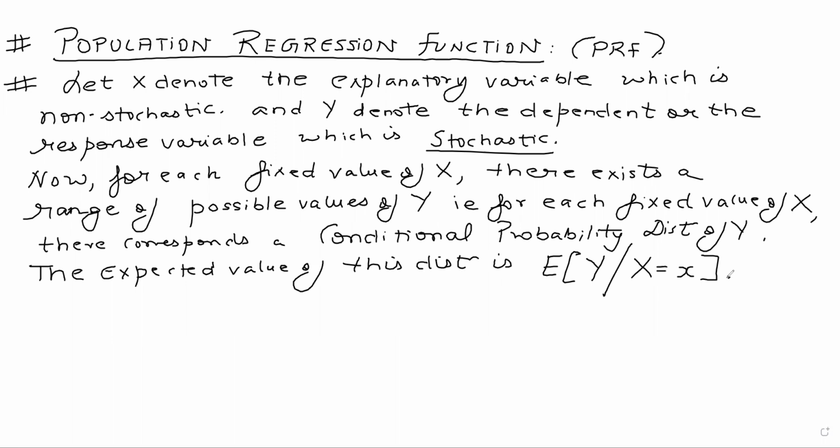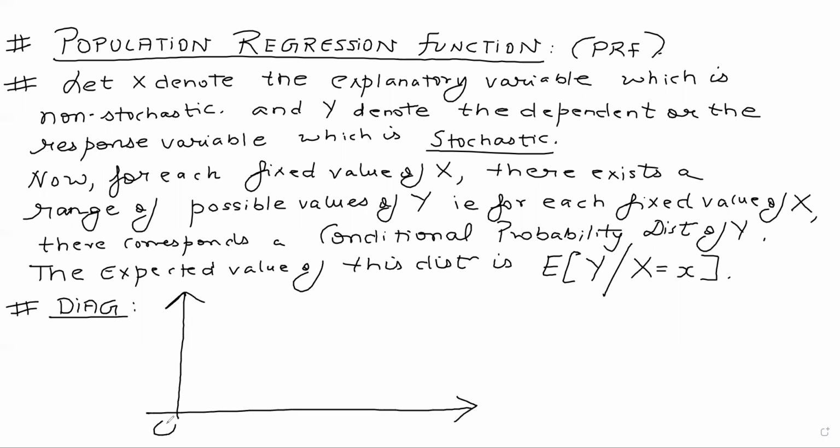Okay, now guys, you can understand this better through a diagram. So look at the diagram which I am drawing on the screen. This is my x-axis, this is my variable X, this is my variable Y. Now guys, X is a non-stochastic variable. It is taking fixed values x1, x2, x3, xm.